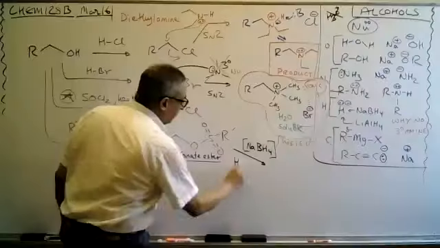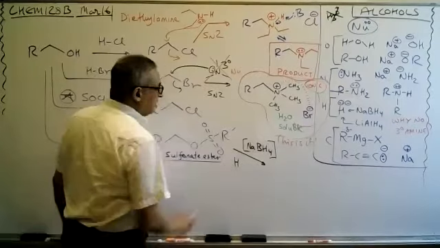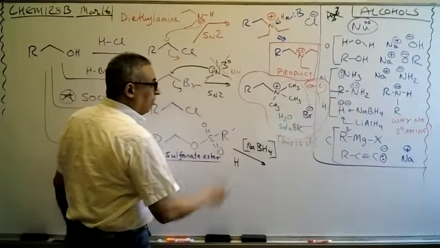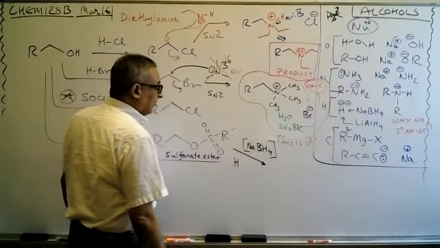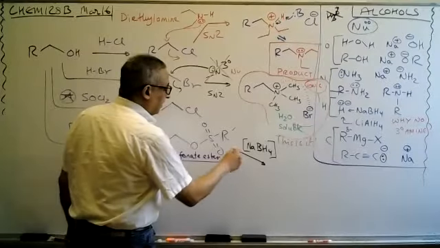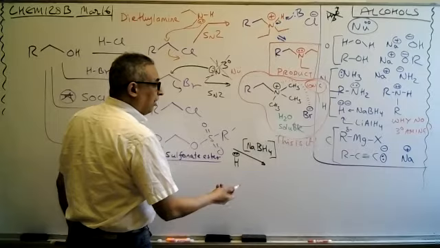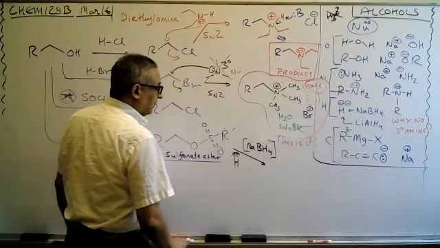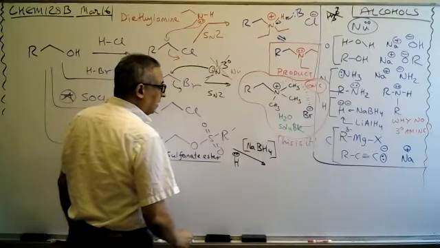What does it look like? Hydrogen with nothing, no electrons? Hydrogen with 1 electron or hydrogen with 2 electrons? 2. And what would that make its charge? Neutral, plus or minus? Minus.